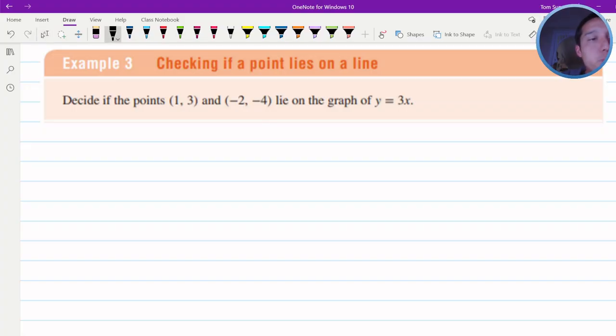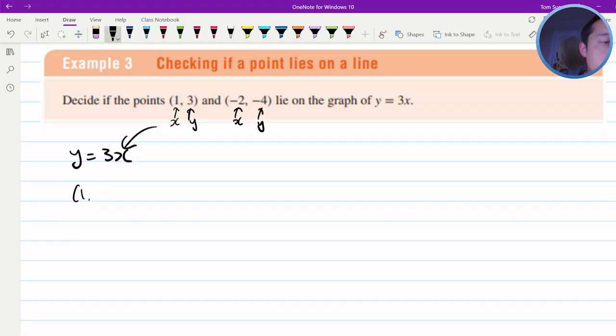Okay, so here's the rule: y equals 3x. The points (1, 3) and (-2, -4) can only be on this graph if they satisfy that rule. How do we check that? Well, remember the first number is always the x, second number is always the y, just like this one. And we just do a quick check. Let's check (1, 3) first.